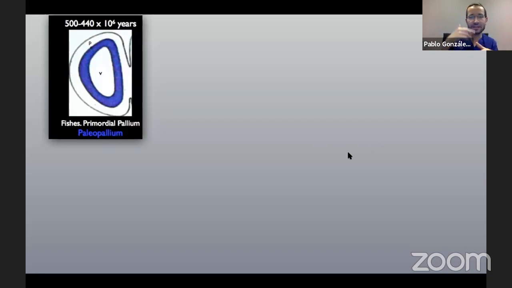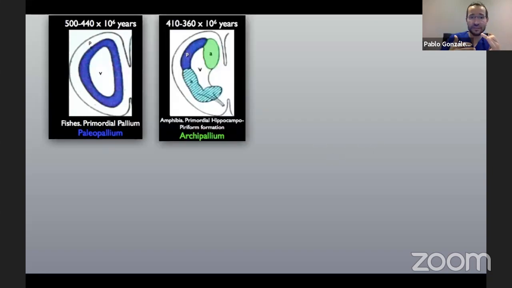These animals started having mutations, and then the first amphibia appeared. And these amphibia developed some limbs so they could walk. And they developed a new layer of neurons, more complex, 3 to 4 to 5 layers of neurons. This is the so-called archipallium, which is represented in green.